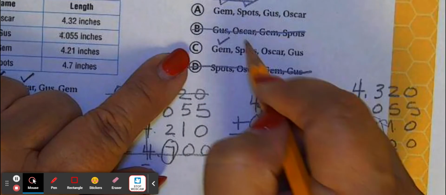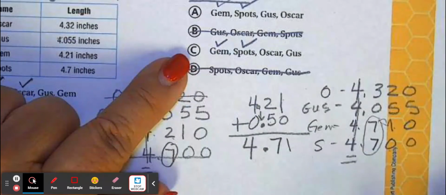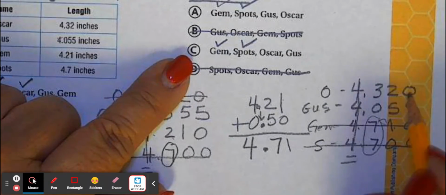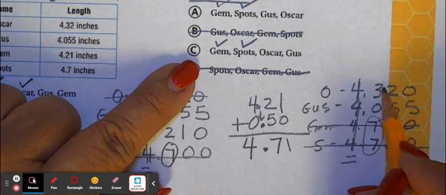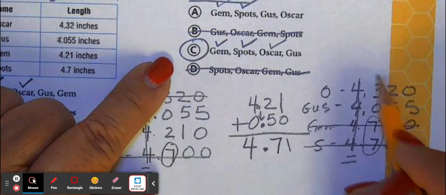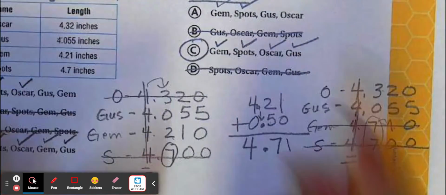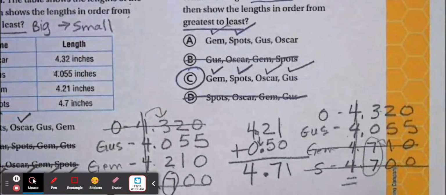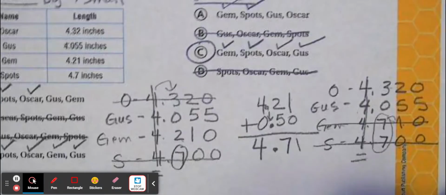There's a Spots there and a Spots there, so I'm done with these two. Now, which is the next largest? It would be Oscar. Very good. And then it's going to be Gus. So the answer to that one is C. Do you see how much work you had to do to get that?